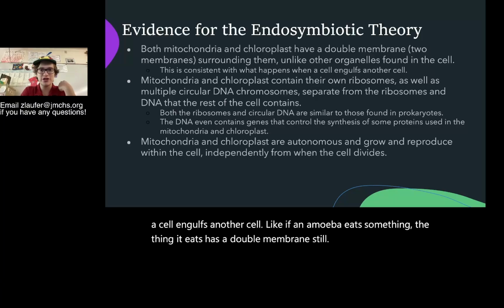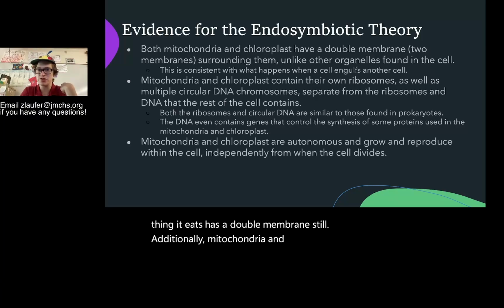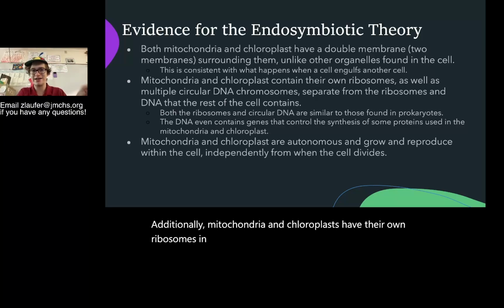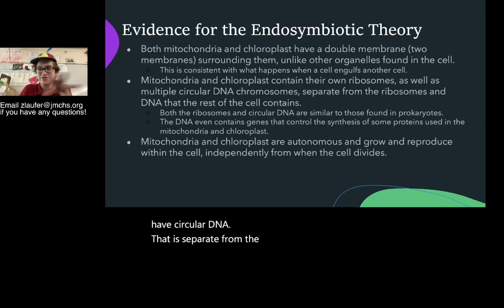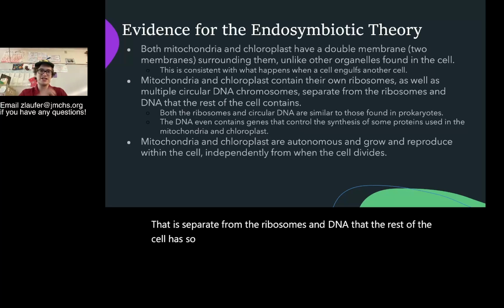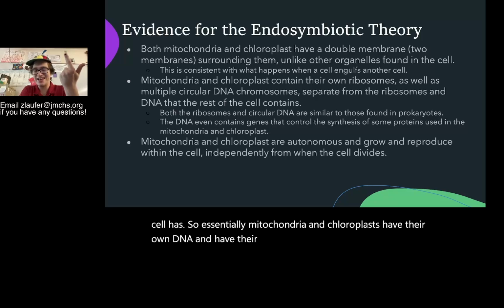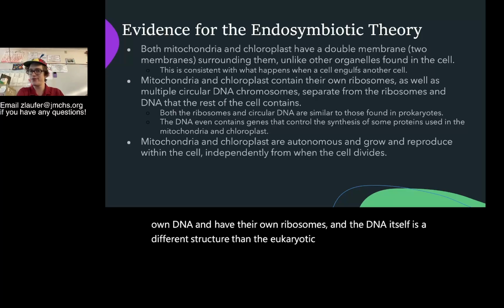Additionally, mitochondria and chloroplasts have their own ribosomes, as well as their own circular DNA that is separate from the ribosomes and DNA that the rest of the cell has. And the DNA itself is a different structure than the eukaryotic cell's, which is very weird.